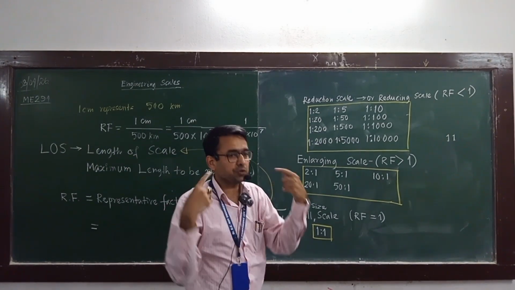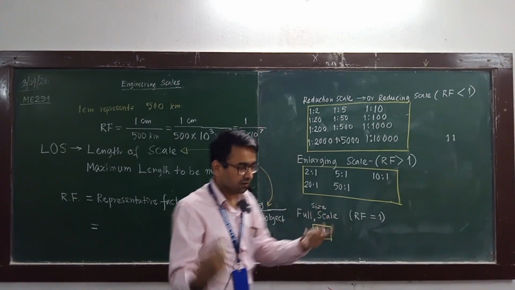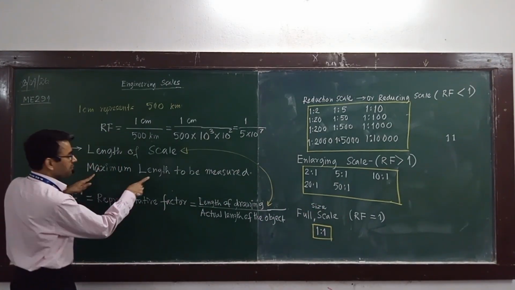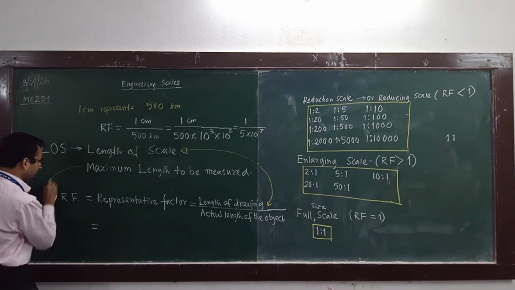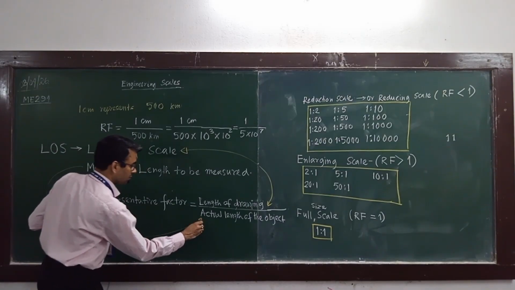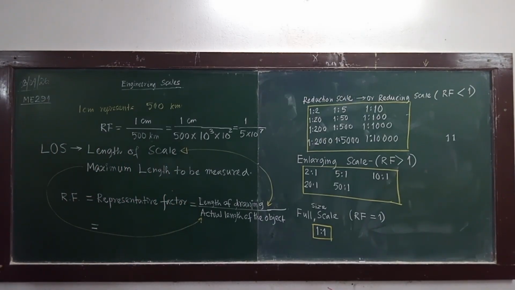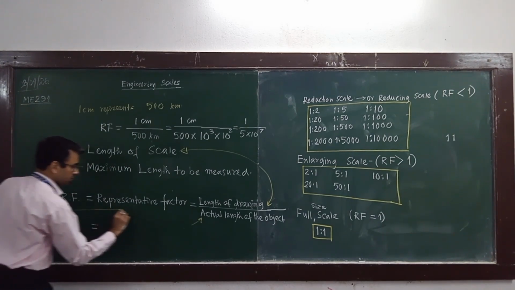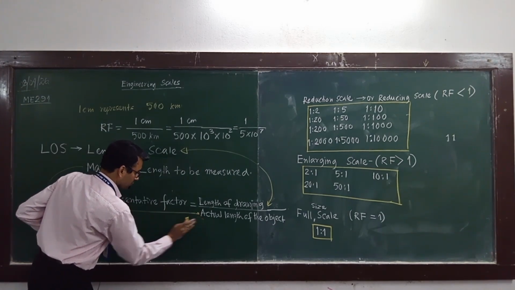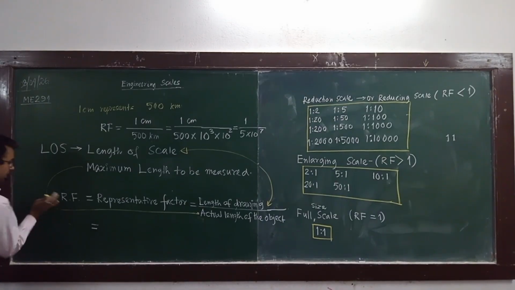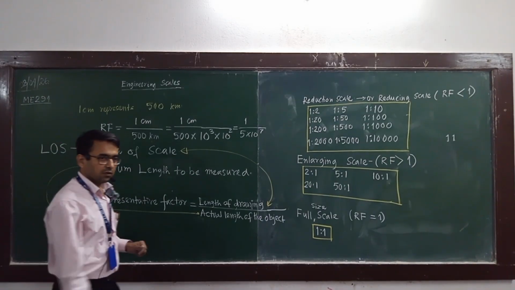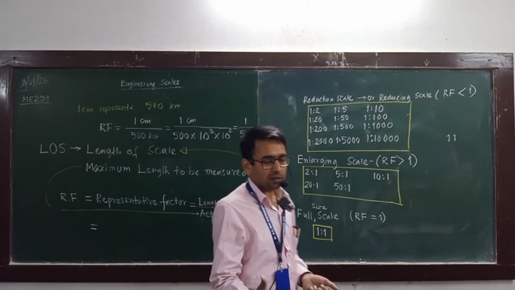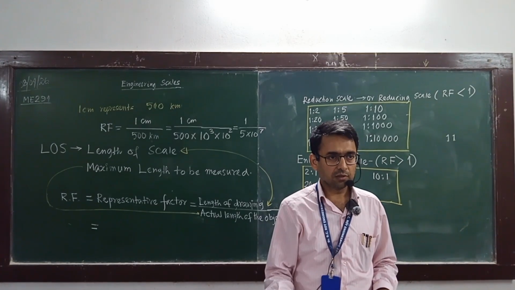So that is a kind of drawing, right? And maximum length to be measured is a kind of actual length. Clear? Is it clear till now? So why we need it and how to use it?